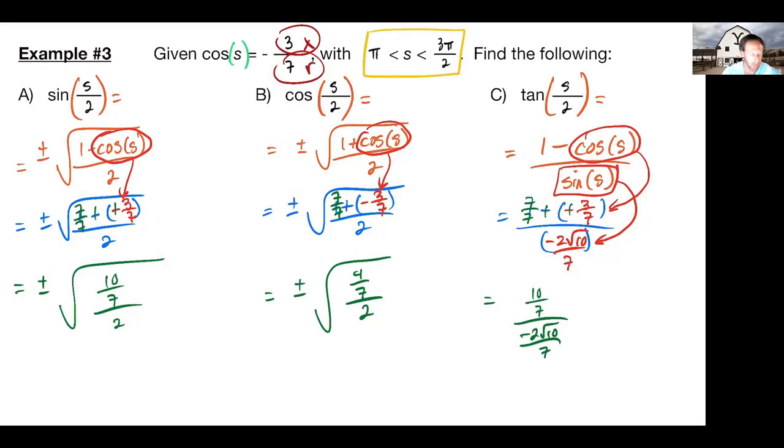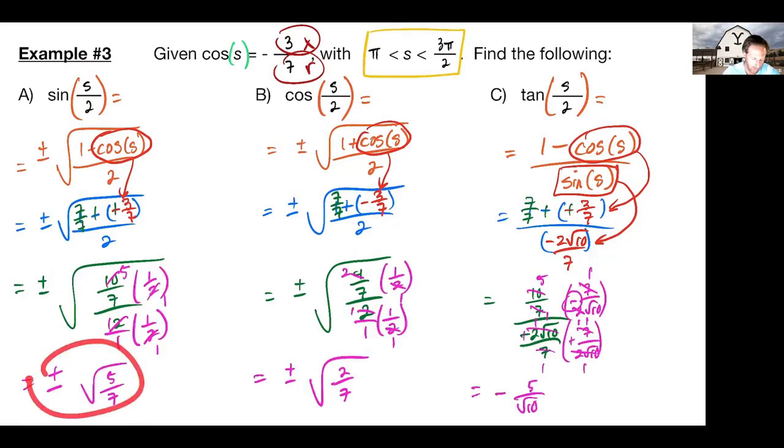All right, that would give us the positive and negative square root of 5 over 7, which is all under the root, 2/7 under a root, and then negative 5 over root 10. And that was just by multiplying by the reciprocal to both top and bottom, my 1's, to get a bunch of stuff to cancel out and get simplified.